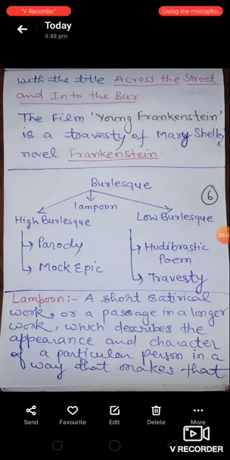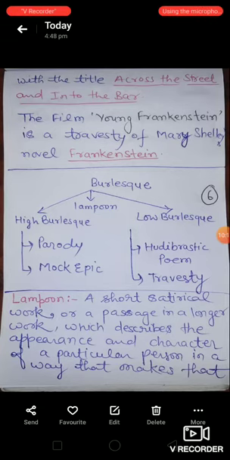In high burlesque, we have two things: parody and mock epic. In the low burlesque, we have Hudibras poem and travesty.